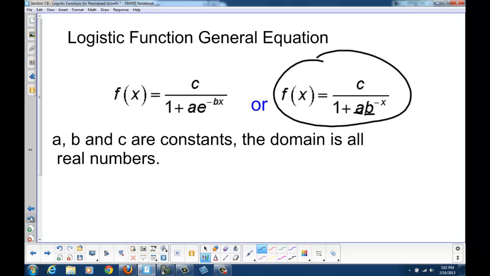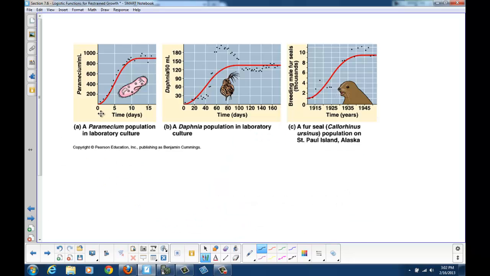Well, just about any population growth that has the potential to experience limited resources as time passes. So parameciums in laboratory cultures, Daphnia populations, or even fur seals, where limited resources strain their populations.